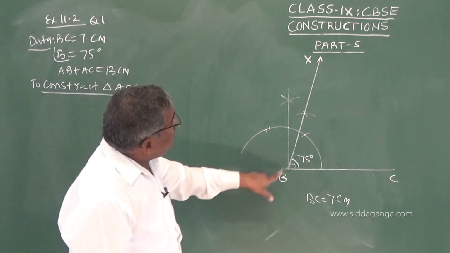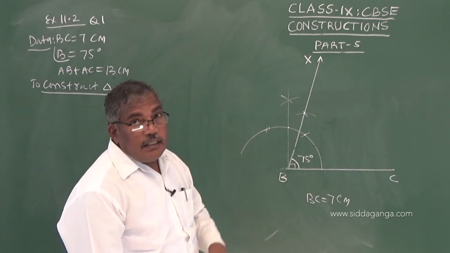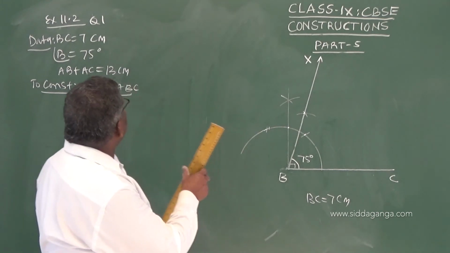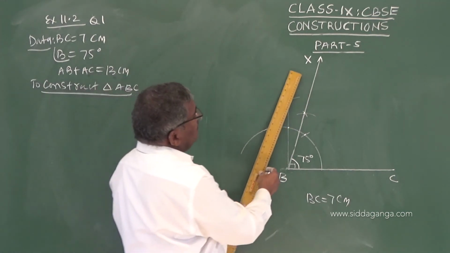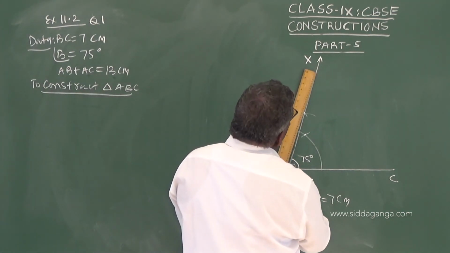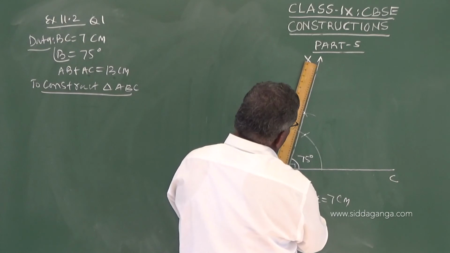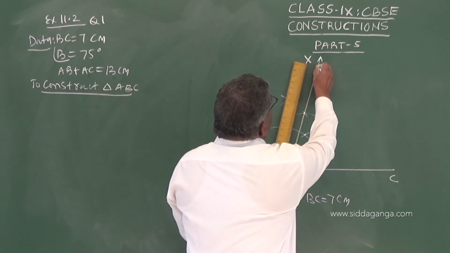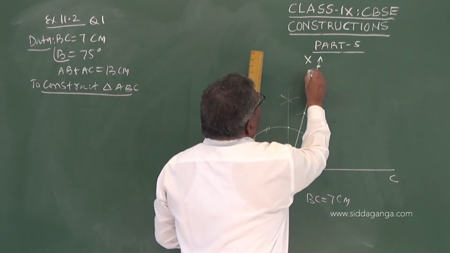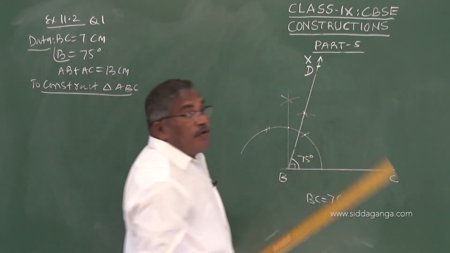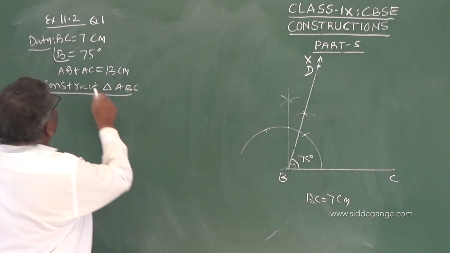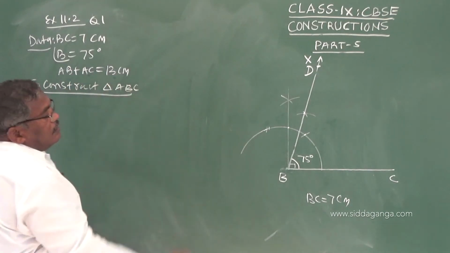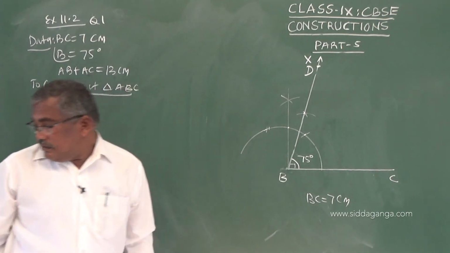From B along Bx, you take some point D such that BD equals 13 centimeter. So I will take BD, say this is point D. Remember, this BD is equal to AB plus AC, which is 13 centimeter.